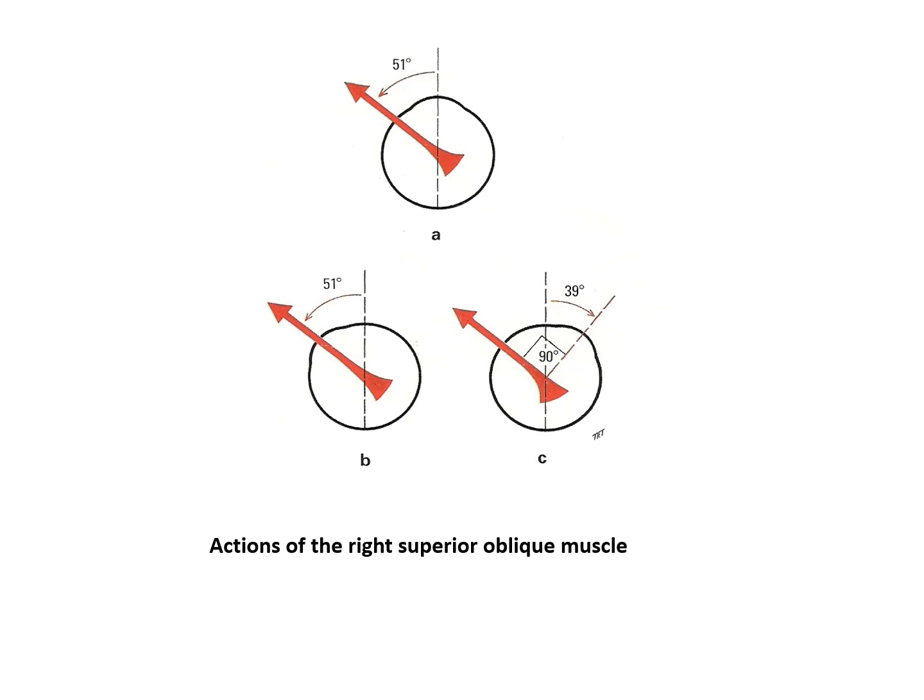You have to test the intorsion of the eyeball. Here, as the eye is abducted, the only function of the superior oblique will be the intorsion of the eyeball. So you must test intorsion of the eyeball to differentiate whether the superior oblique is involved along with the third nerve paralysis or not.